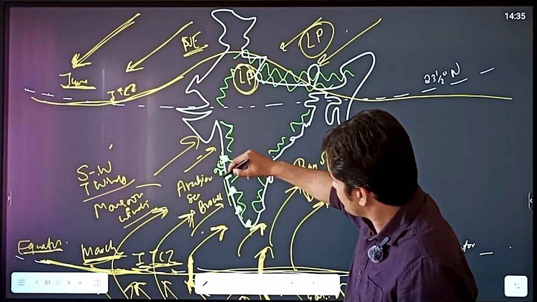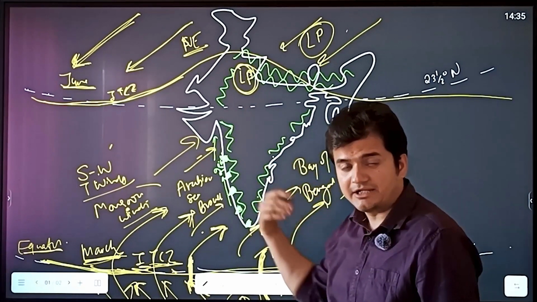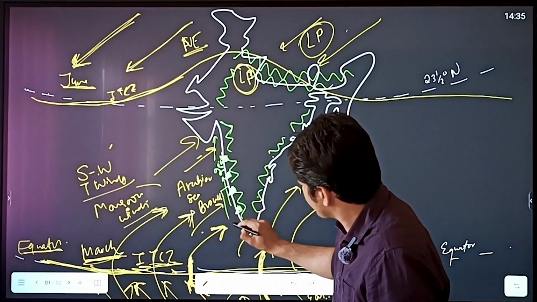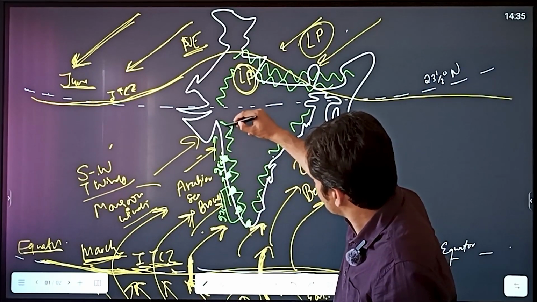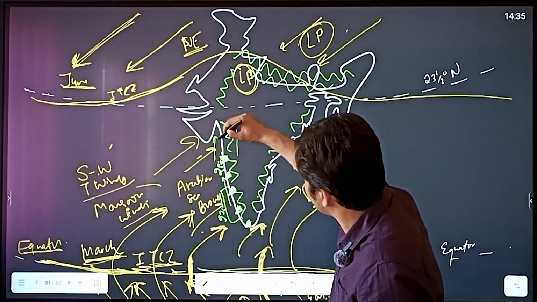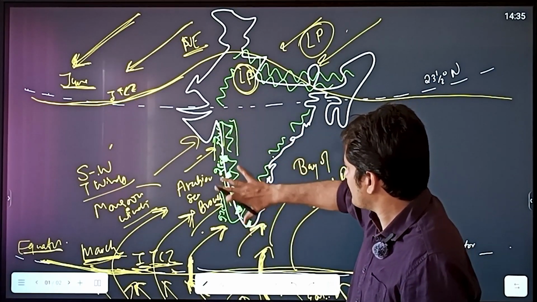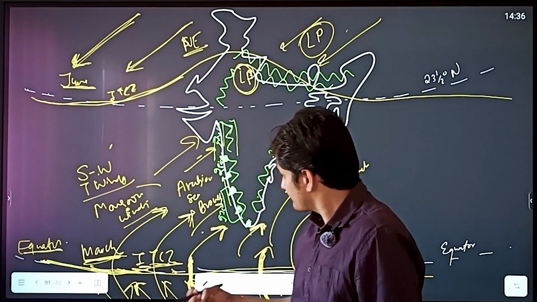And as we move in the northern direction, the height of this mountain will decrease. So here we have rainfall of up to 270 centimeters. But at this region, we have rainfall up to 200 centimeters. So this is how we can see the rainfall distribution in the Western Ghat region.